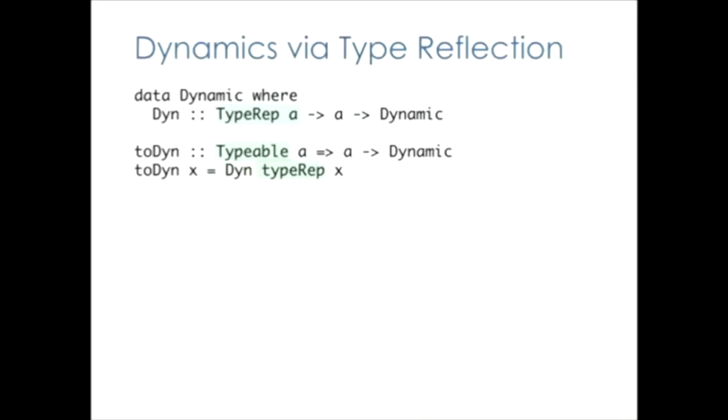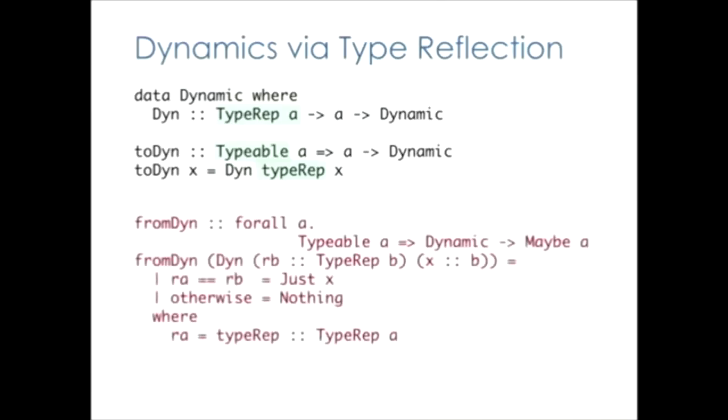Easy. What about fromDyn? How does fromDyn work? Well, here's something that doesn't work. That's why it's in red. This code is what we want to write, but it doesn't type check. What do we want to do? Intuitively, you want to find out whether this dynamic value has that type representation.